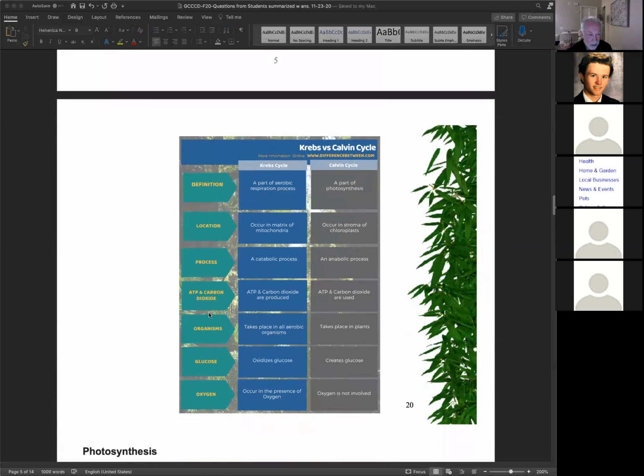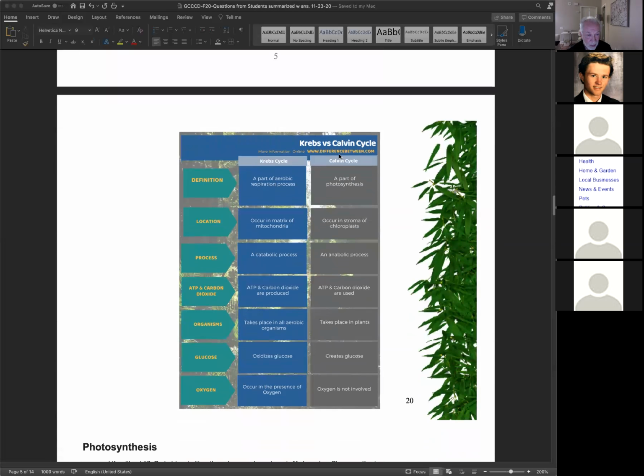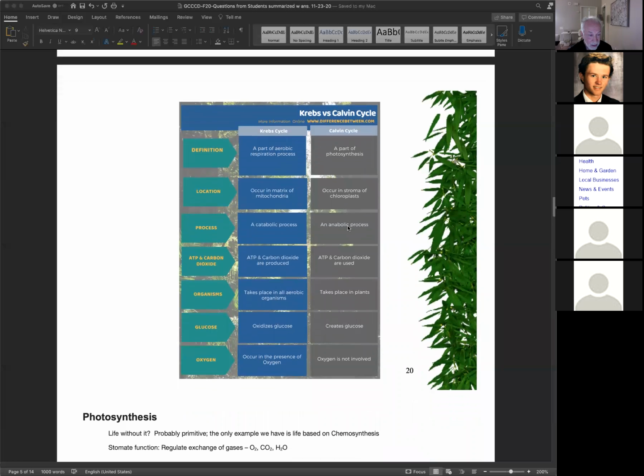Here's another summary comparing the Krebs cycle and the Calvin cycle. Krebs cycle is a part of respiration. Calvin cycle is in photosynthesis. In two different organelles, Krebs cycle in mitochondria, Calvin cycle in chloroplasts.